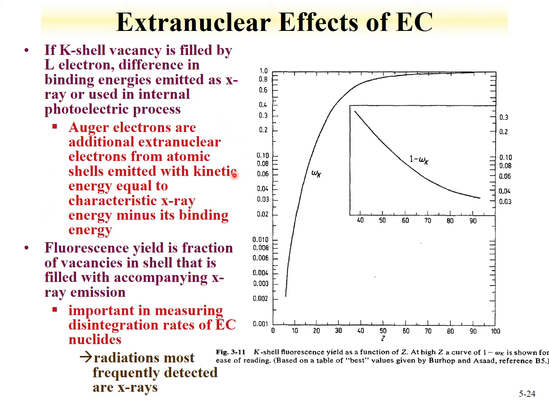So these are outer atomic electrons that will be emitted with a kinetic energy equal to the characteristic X-ray minus its binding energy. The fluorescence yield is the fraction of vacancies that are filled with an accompanying X-ray. The reason that this is important is that sometimes these Auger electrons can be used in radiopharmaceutical applications, where if you have an isotope that has a high degree of Auger electron emission, you can use this as a therapeutic agent for cancer treatment.